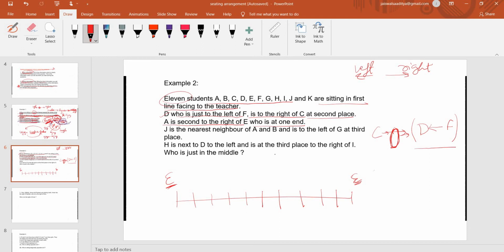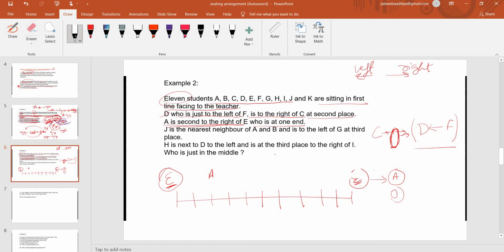Okay, so see, A is the second to the right of E. If E is here, then the possibility of A coming to the right of E is 0. Okay, it can't come. So we have only one. Our E will come here only. Correct? E will come here only.